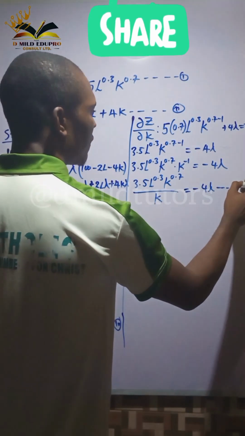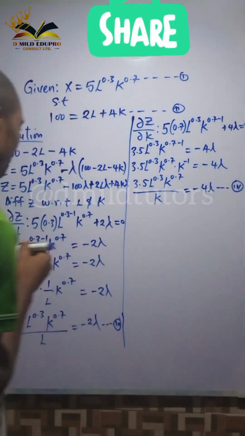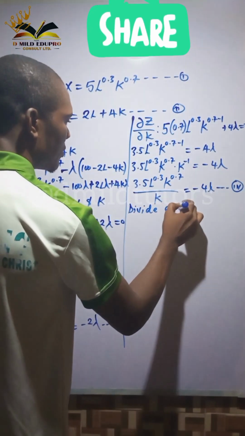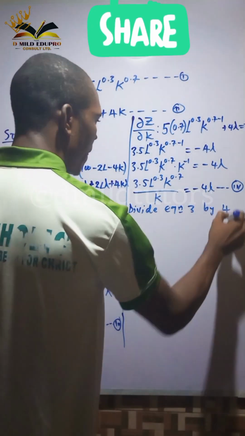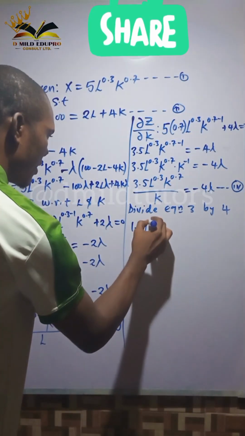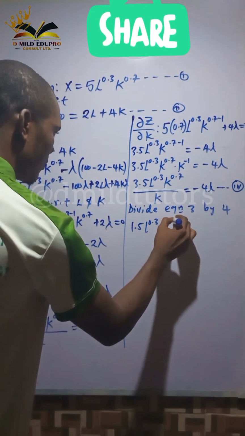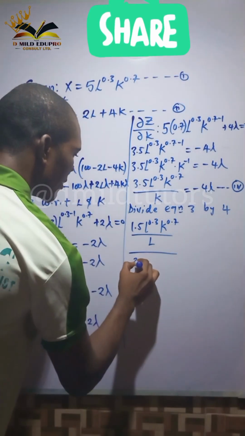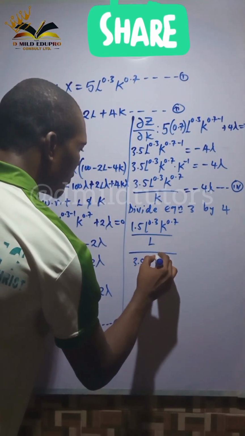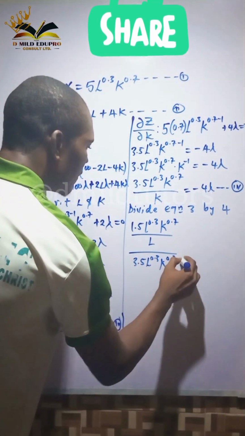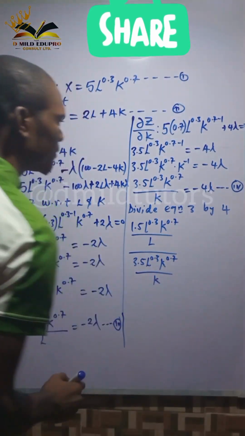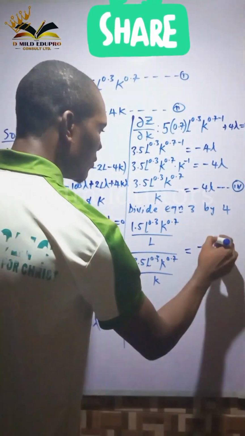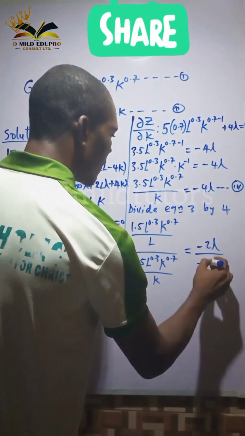This is equation 4. So now we are going to divide equation 3 by 4. 1.5 L 0.3 K 0.7 all over L, then divided by 3.5 L 0.3 K 0.7 all over K equals minus 2 lambda all over minus 4 lambda.